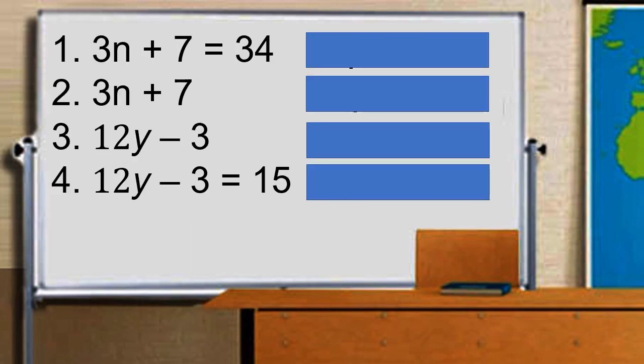I want you to answer this activity. Get a piece of paper and try to identify the 4 given items. Identify whether each given item is an equation or expression.